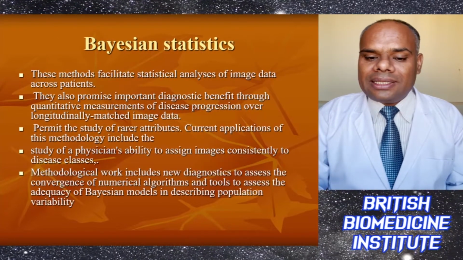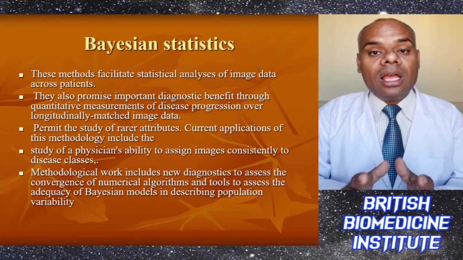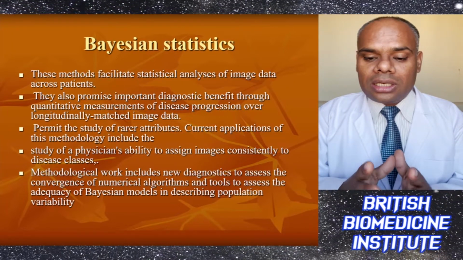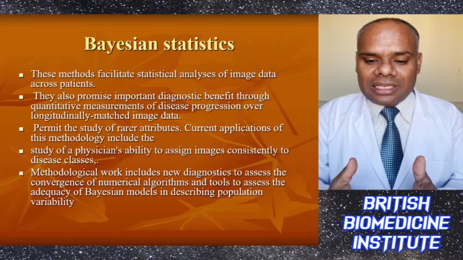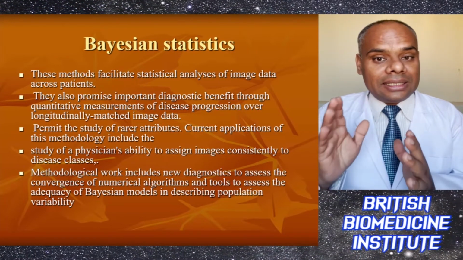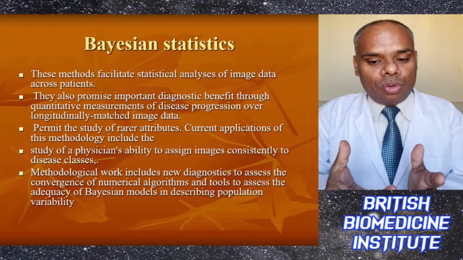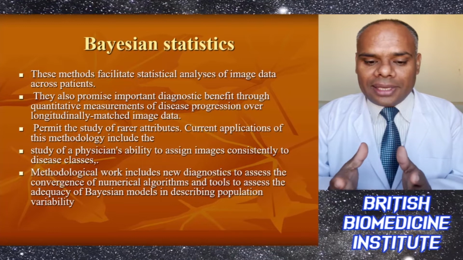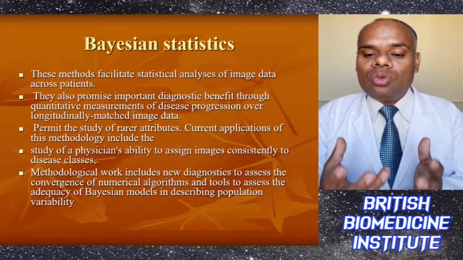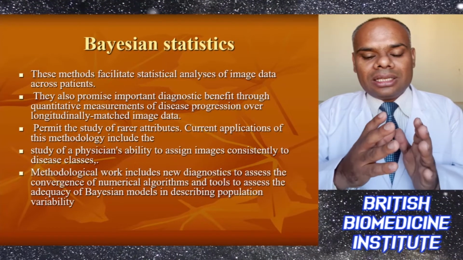Under Bayesian statistics, these methods facilitate statistical analysis of image data across subjects, and they also promise important diagnostic benefit through quantitative measurement of disease progression over longitudinal image data, and they also permit the study of rare attributes. A current application of this method includes the study of physicians' ability to assign images consistently to disease classes.